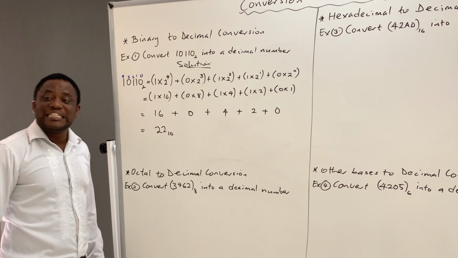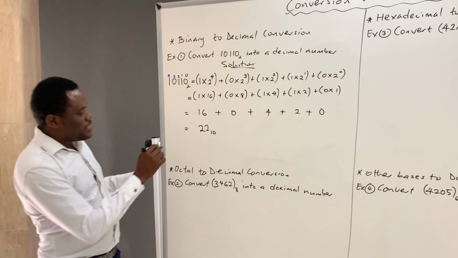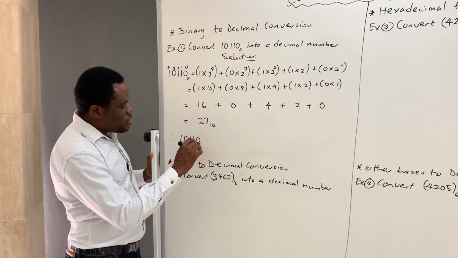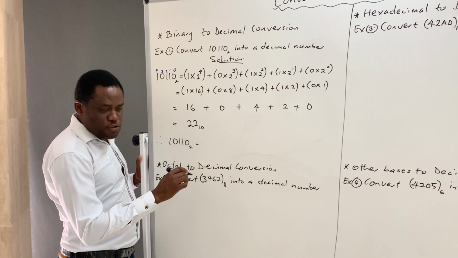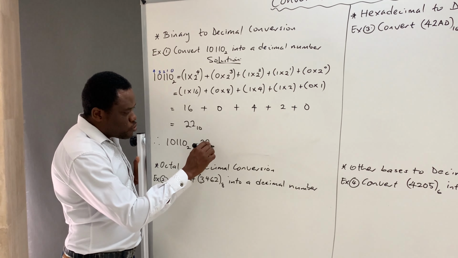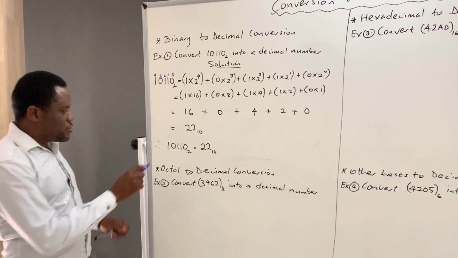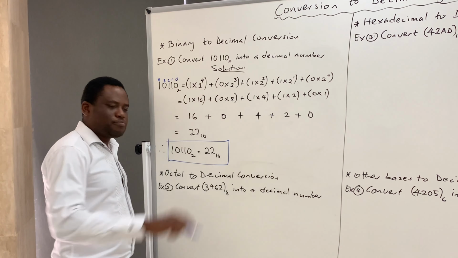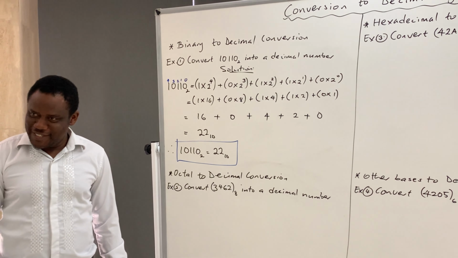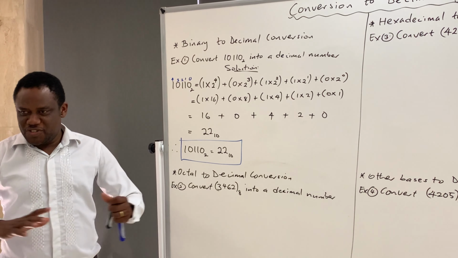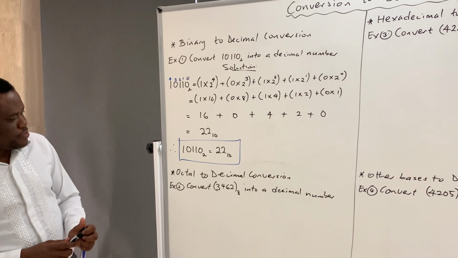In base 10. We have converted. Therefore, 10110 in base 2 is equivalent to 22 in base 10. And that ends the first question. Do you understand? It's very easy. Just follow the explanation.